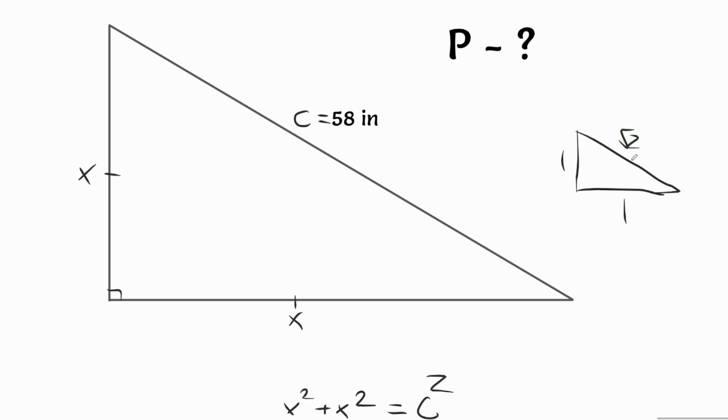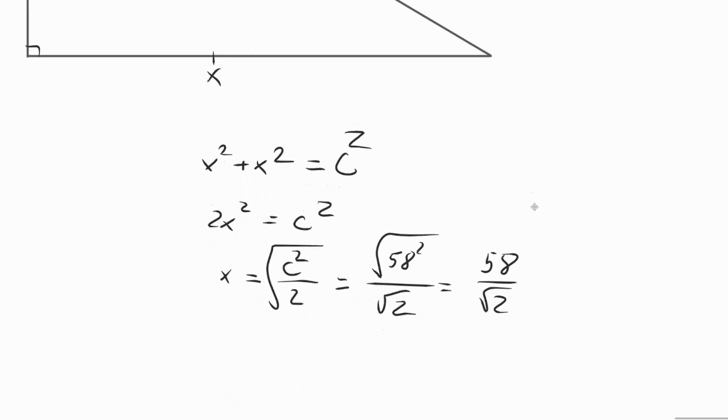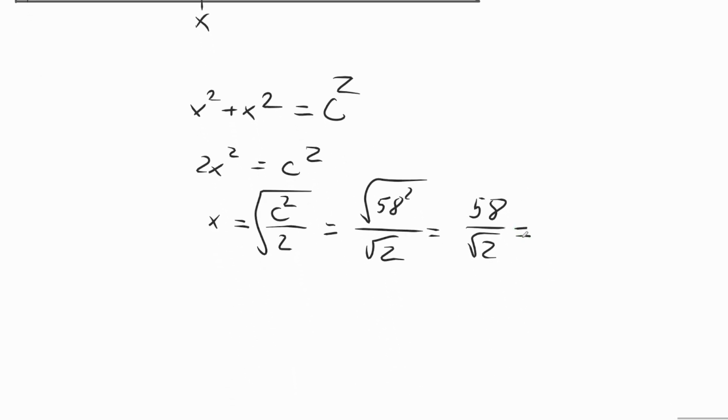So that means if you divide hypotenuse by square root of 2, you'll get the length of each leg. Now let's multiply numerator and denominator by square root of 2. We'll get 58 times square root of 2 over 2. Simplify. We'll get 29 root 2.